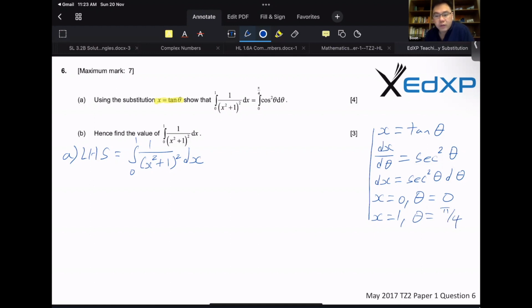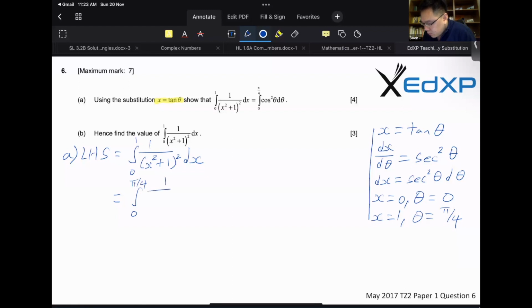So notice for definite integrals, we want to change our limits as well from x to theta. We have all the information there, so I can attempt to substitute my x's to theta. 0 remains as 0. When x is 1, theta is pi over 4.